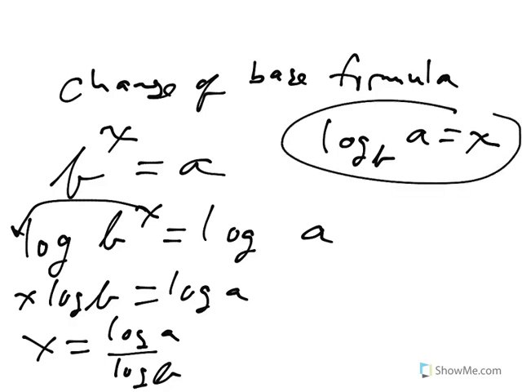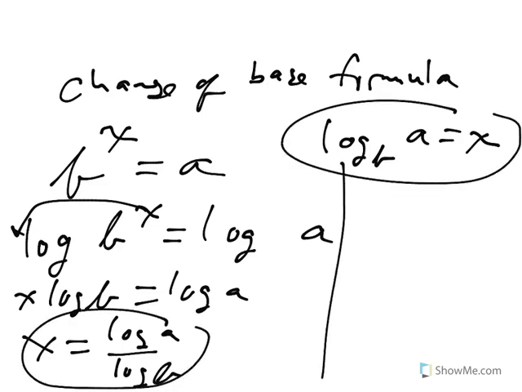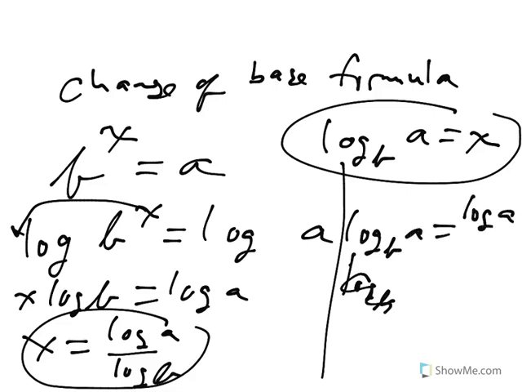So x also equals this, so those are the same thing. So here's the change of base formula: log base b of a is equal to log a over log b.